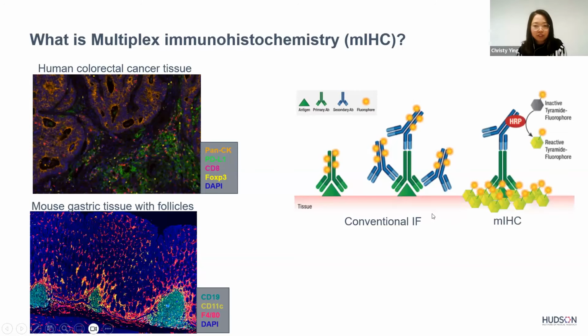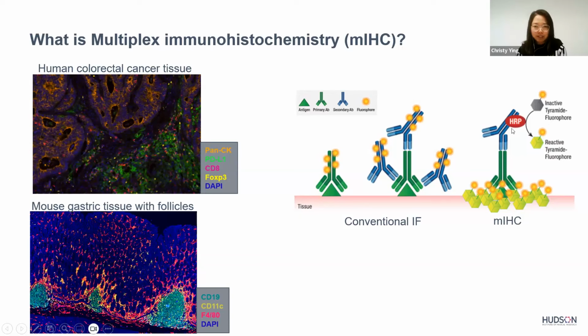However, quite differently, the multiplex IHC technology also has an unlabeled primary antibody, but with a secondary antibody that has HRP conjugated. We also have a third tyramide reagent, which is conjugated with a fluorophore.